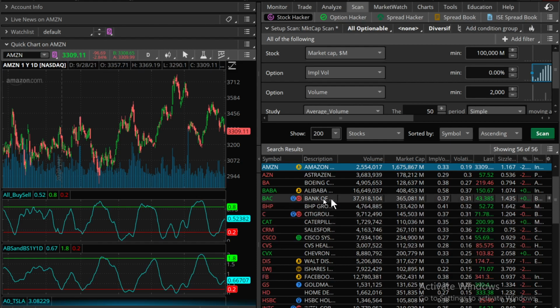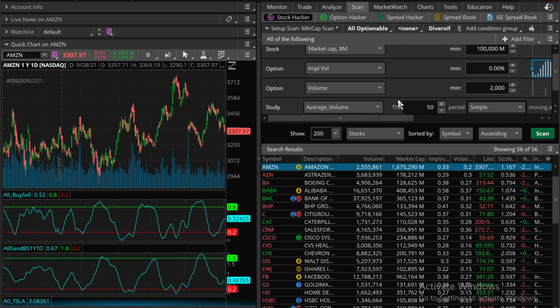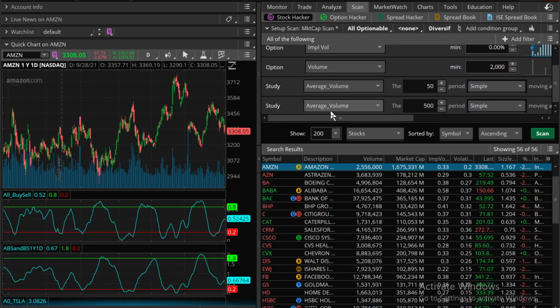I want ones that trade options, and volume. This longer average volume one takes out stocks like Airbnb or any stock that just became an IPO in the last year, because I need at least a full year's data to get good numbers.